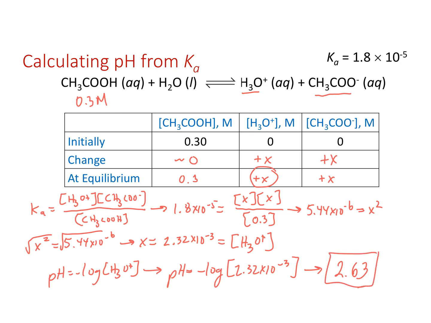And again, we set this up and got this going by using the balanced chemical equation and the coefficients from those equations that let us know that I should have equal concentrations of hydronium and the conjugate base acetate because of the balanced equation. They're formed in equal number, equal ratio, equal concentration. From there, we're able to determine the concentration of hydronium and then ultimately the pH of the solution.